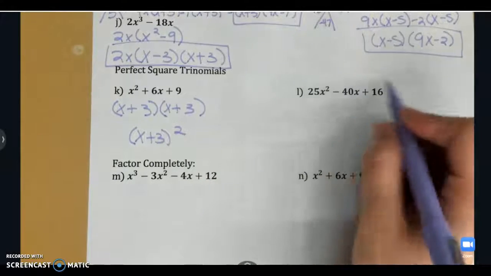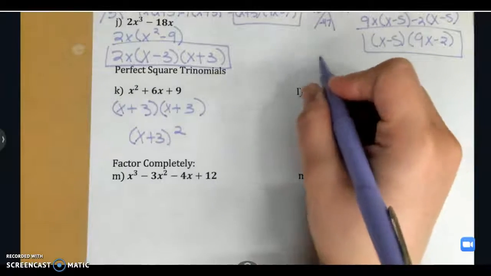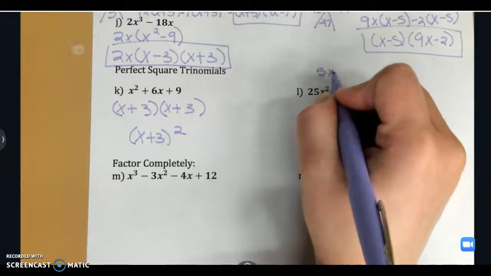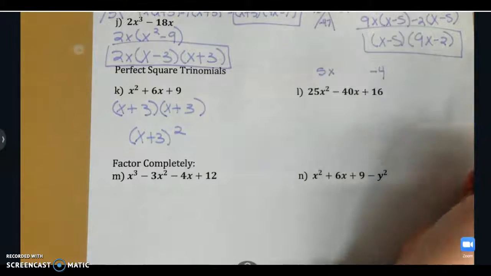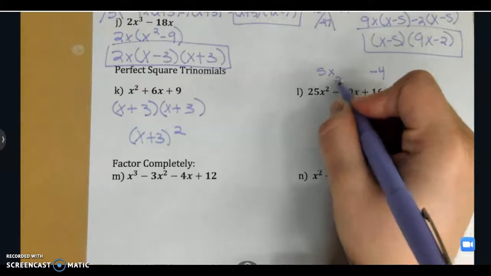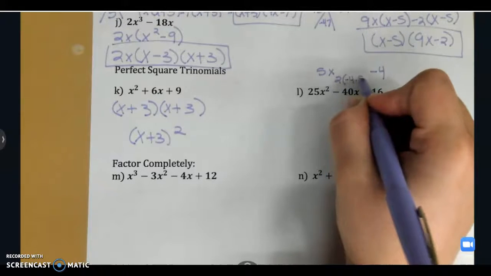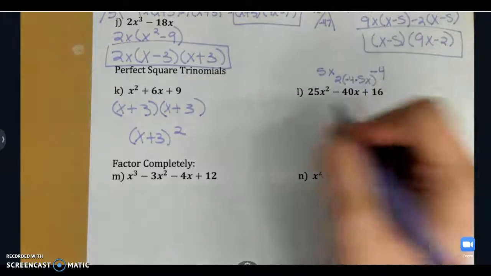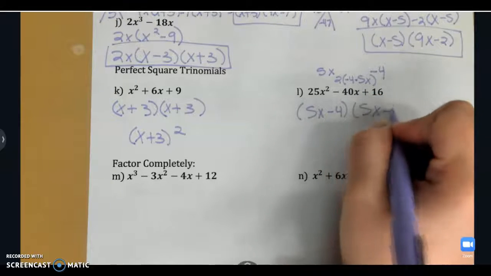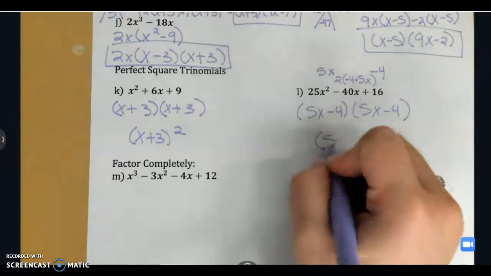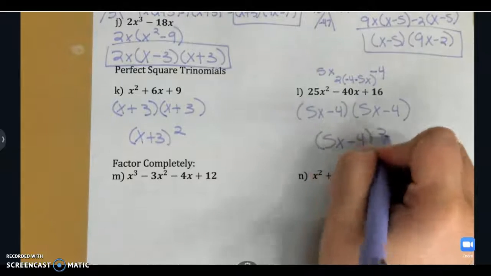So here, my a term would be 5x, and my b term would be negative 4. Because if you look in the middle, this is 2 times negative 4 times 5x. So 5x minus 4 times 5x minus 4 would be the correct way to factor this one. So 5x minus 4 squared.